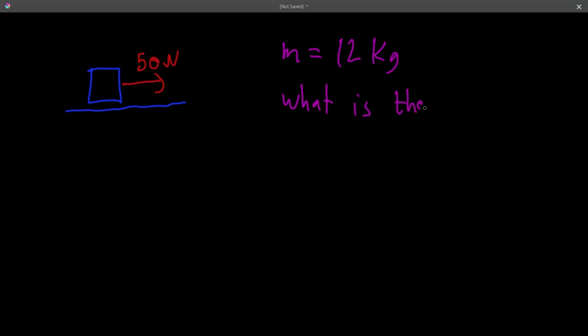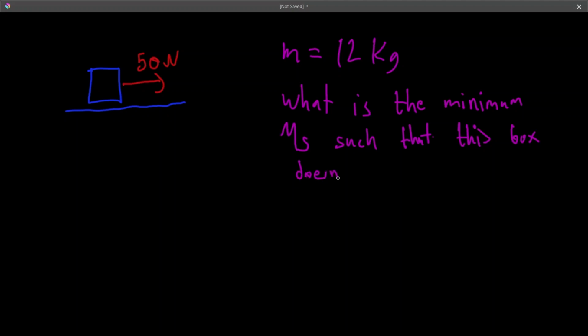And you were asked, what is the minimum mu s such that this box does not move? In this case, all you have to do is equate this 50 newton force to the friction.